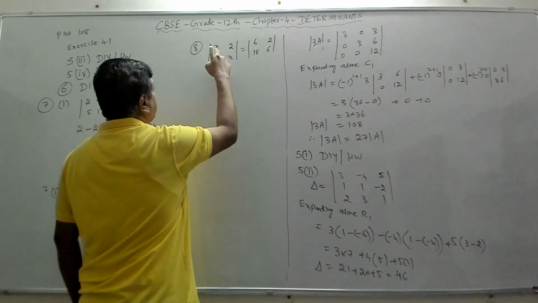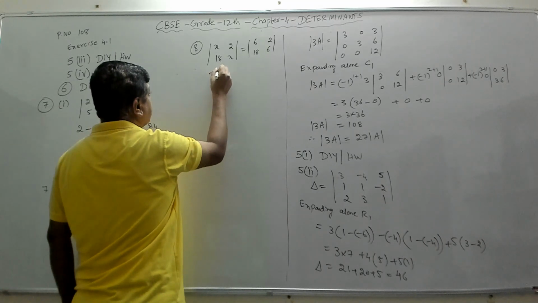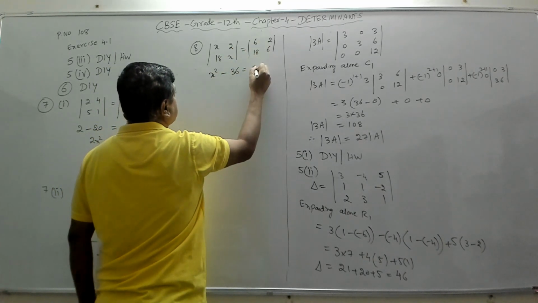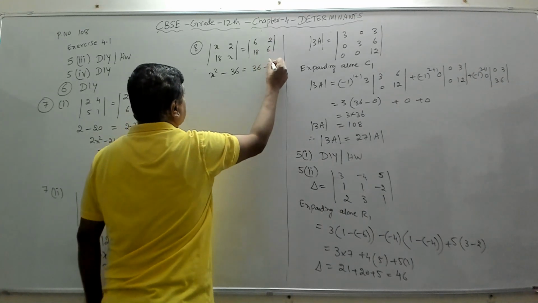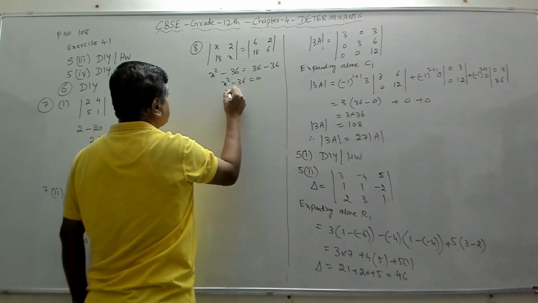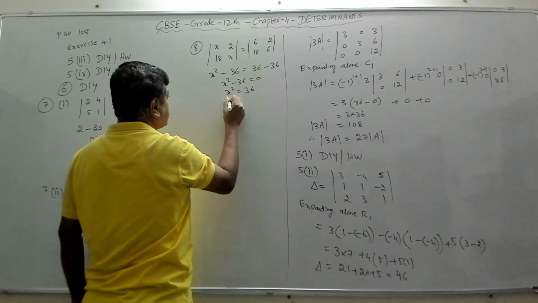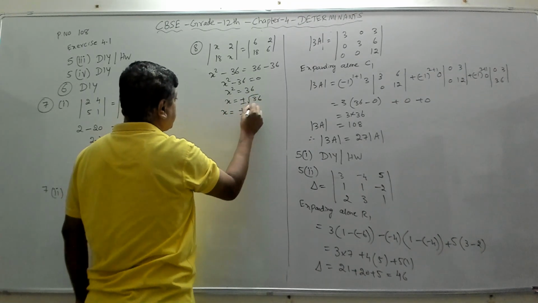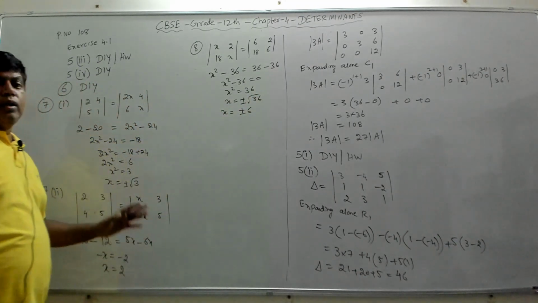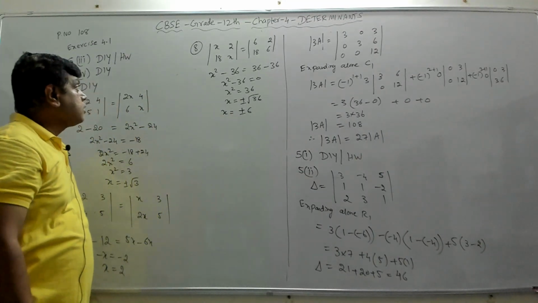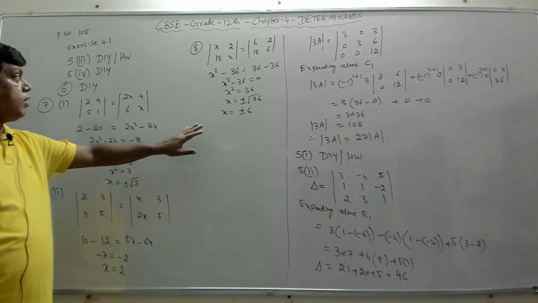So x into x is x square minus 18 twos are 36, equal to 6 into 6 is 36 minus 18 into 2 is also 36. So you'll get x square minus 36 equal to 0, which means x square is equal to 36. So x is equal to plus or minus square root of 36. So your x is plus or minus 6. The answer is x is either plus 6 or minus 6. Fine. So we have found the value of x.